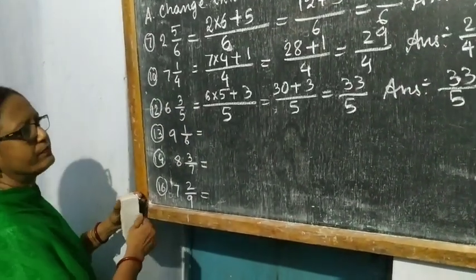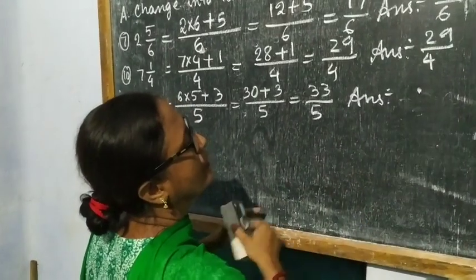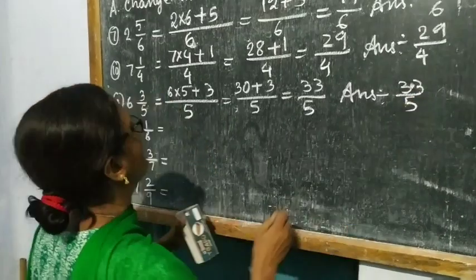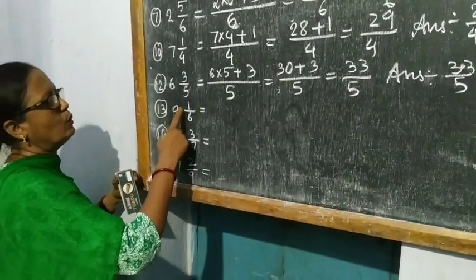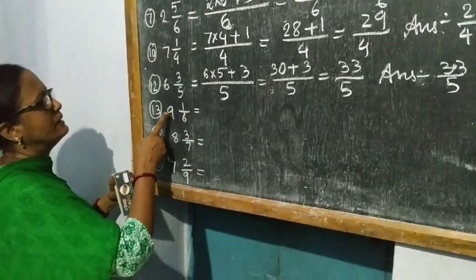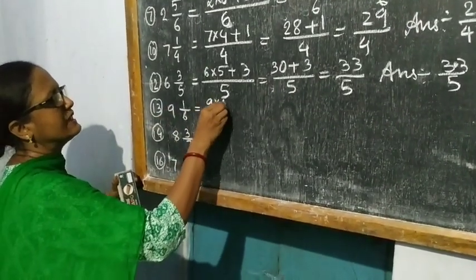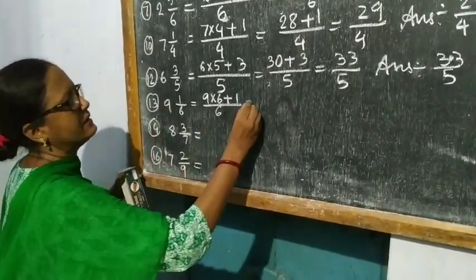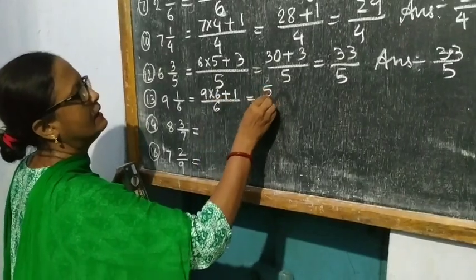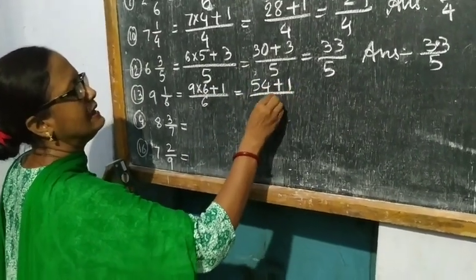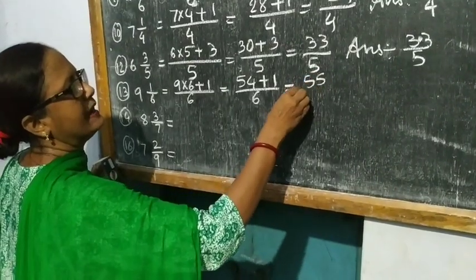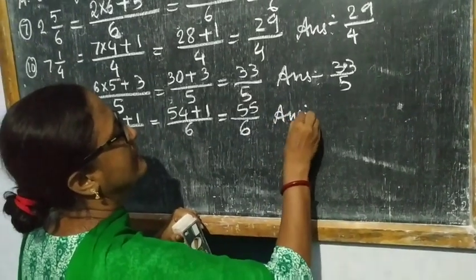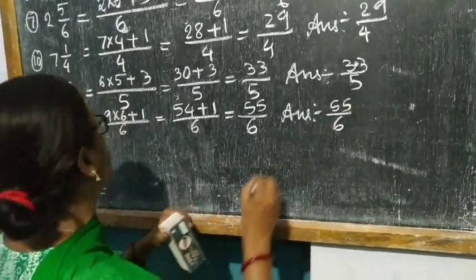Next, 9 1 by 6. So 9 into 6 plus 1 by 6. So 9 1 by 6 is a mixed fraction. 9 sixes are 54 plus 1 by 6, so 55 by 6. 55 by 6 is a normal fraction. So the answer is 55 by 6.